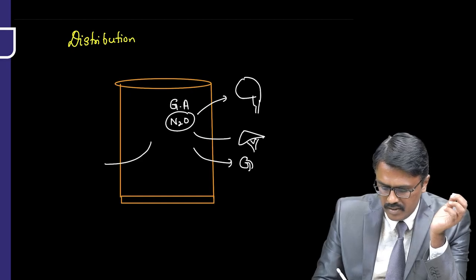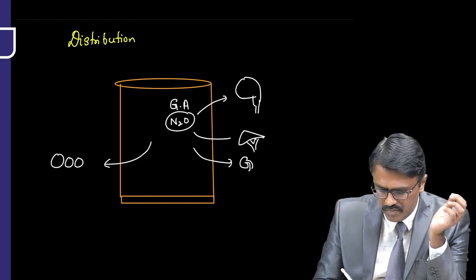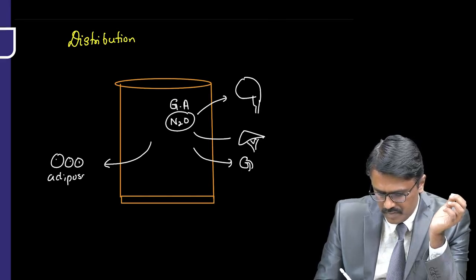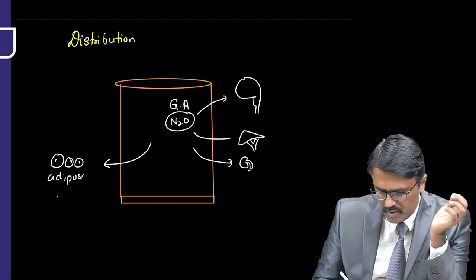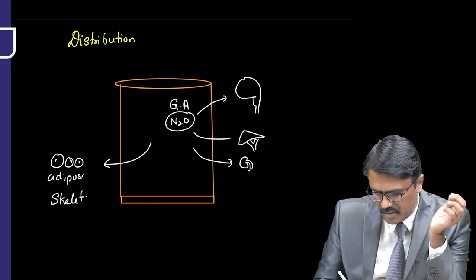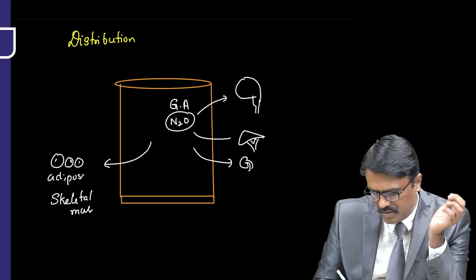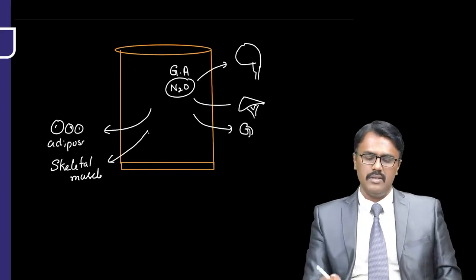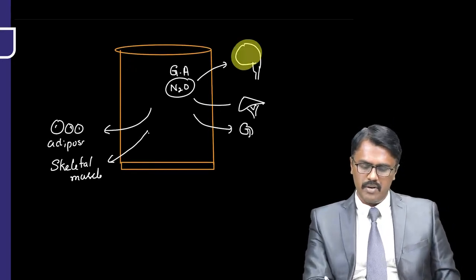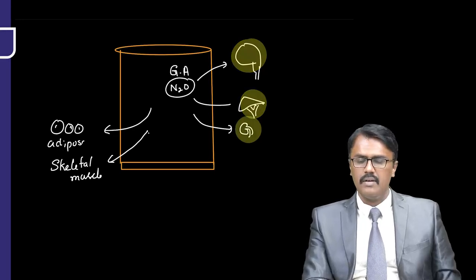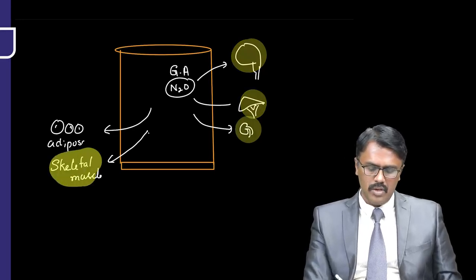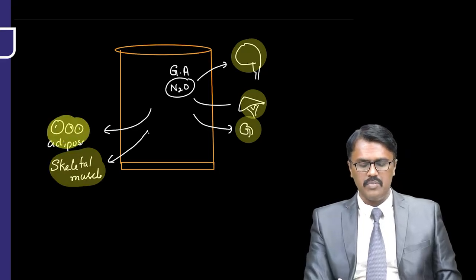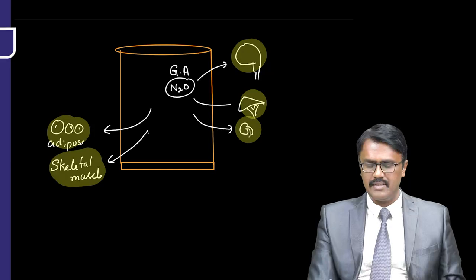But it can also enter a tissue called adipose tissue. It can also enter the skeletal muscle. You have studied that in general pharma also. So the distribution occurs. Mainly the supply is for the brain because of more blood flow, then liver, then kidney, and it will go slowly to the skeletal muscle, very slowly to the adipose tissue because the blood flow is less.